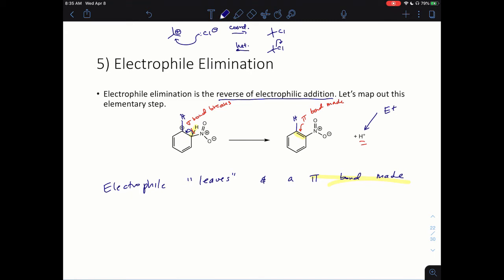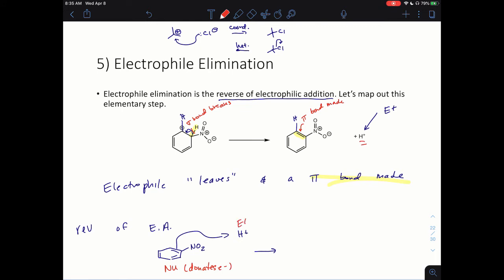Okay, so that's how you can recognize electrophile elimination. And again, it's the reverse of electrophilic addition. So for example, if we went in the reverse direction, we can imagine that pi bond accepting an electrophile. So this is certainly acting as a nucleophile because it donates electrons.